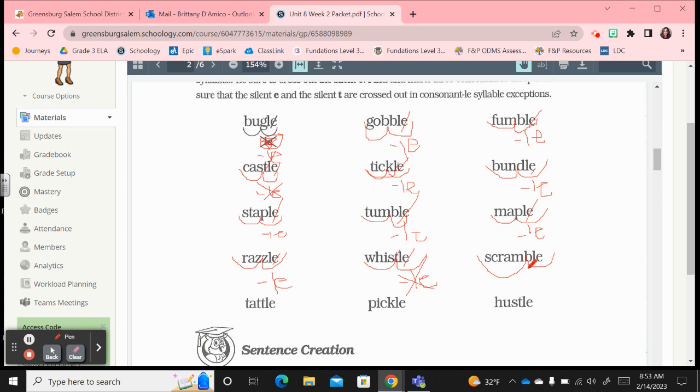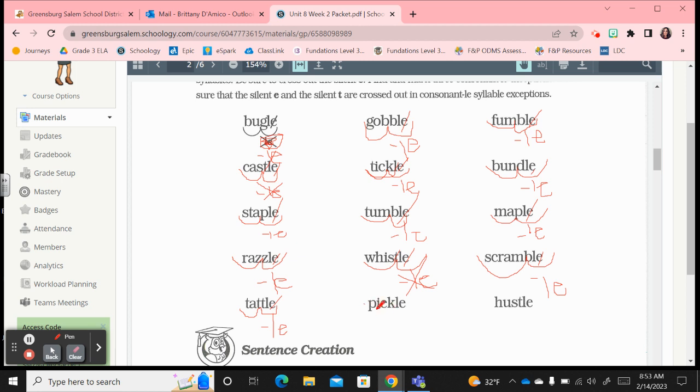Scramble. Consonant LE. Cross off the silent E. Tattle. If you tattle on someone, you tell on them. Consonant LE. Cross off silent E. Pickle. This is kind of like tickle.